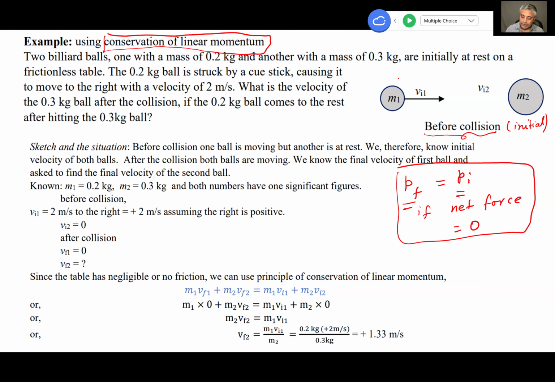But if it is a collision problem and force and time interval are not given, then you need to use conservation of momentum. And to use conservation of momentum, just like for conservation of energy, we need the initial and final situation. Here, the initial situation is this.